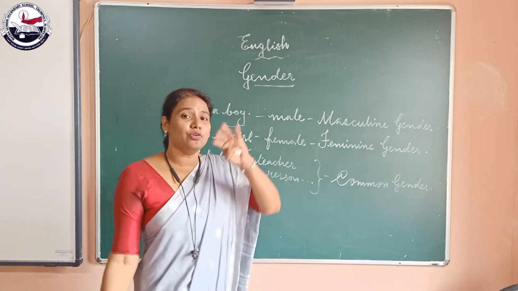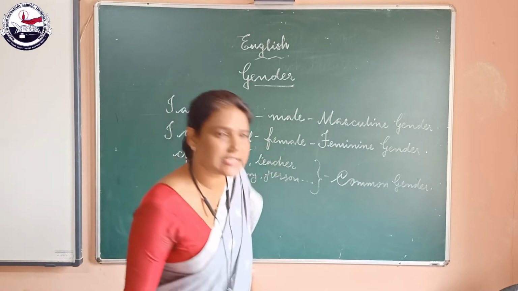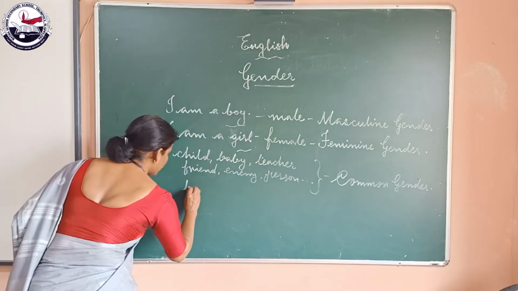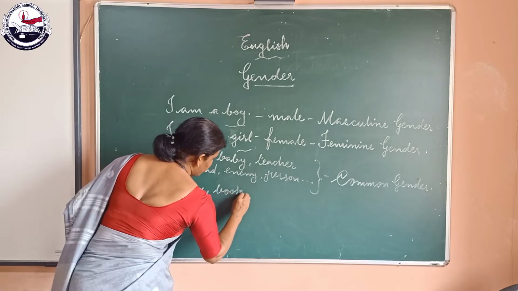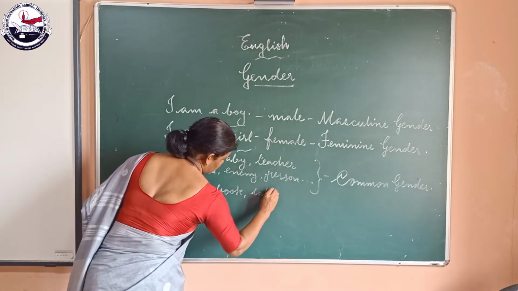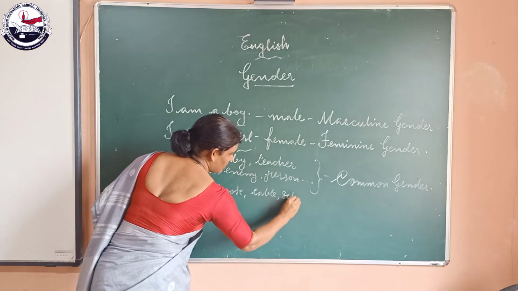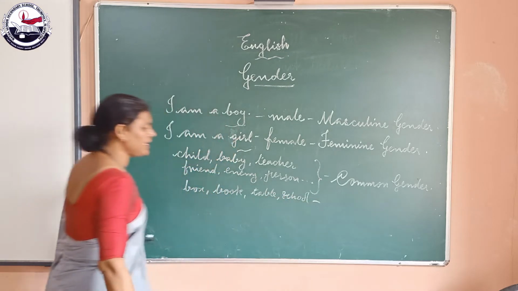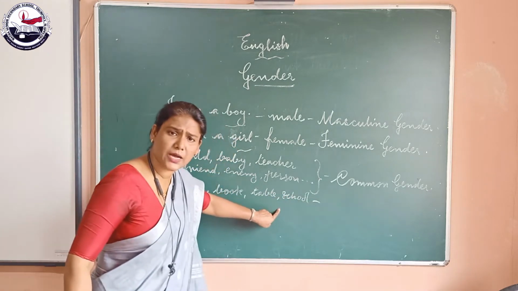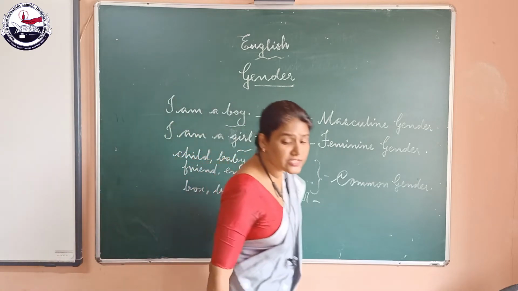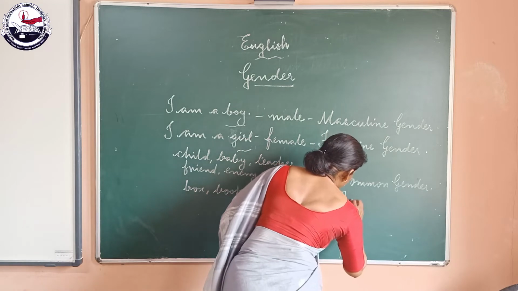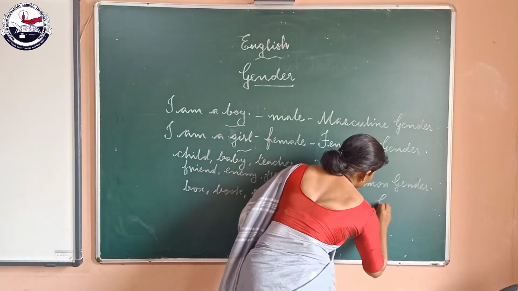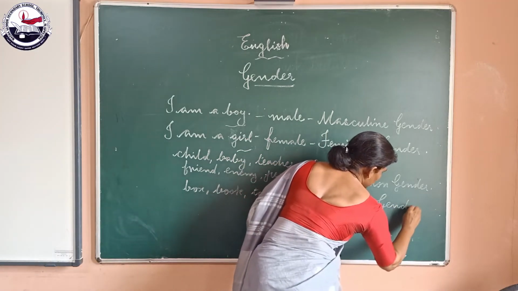And there are some non-living things. For example, box, book, table, school. All these non-living things come under neuter gender. So clear?